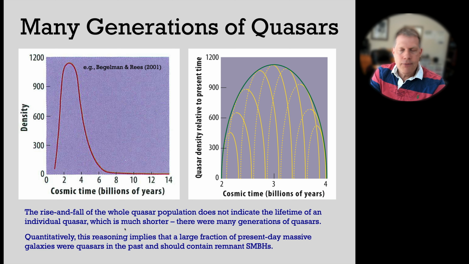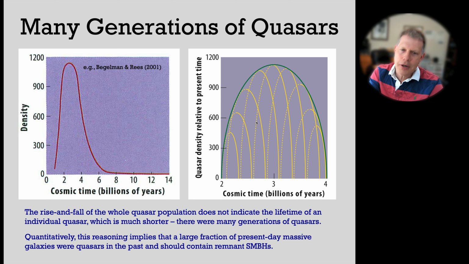Now, if you take that basic reasoning and work it out quantitatively, this also implies that a large fraction of present-day massive galaxies were in fact quasars in the past. Each one of these quasars coming and going represents the generation of a supermassive black hole in the core of a galaxy.